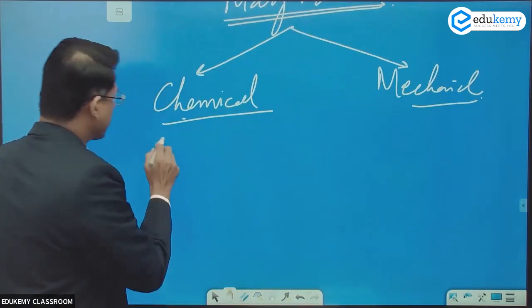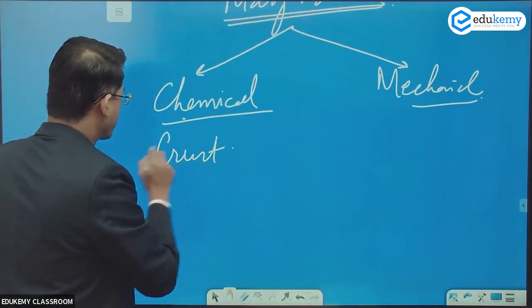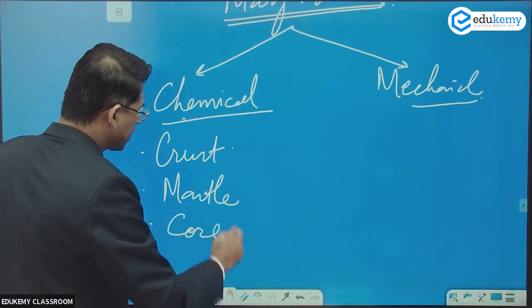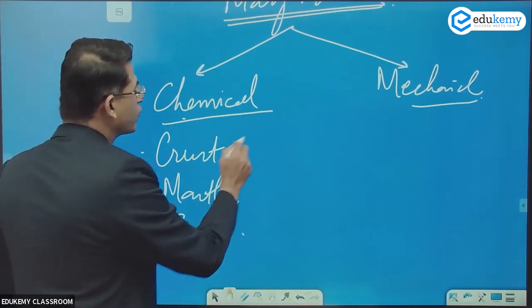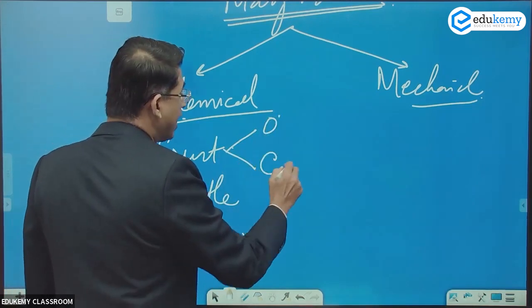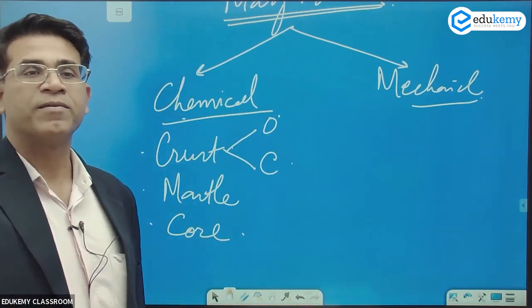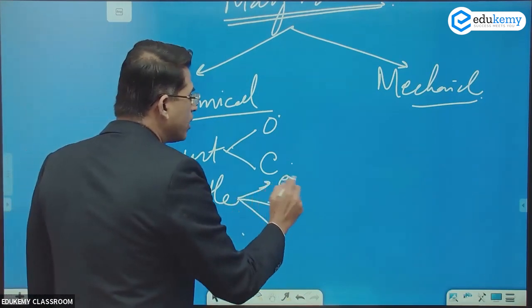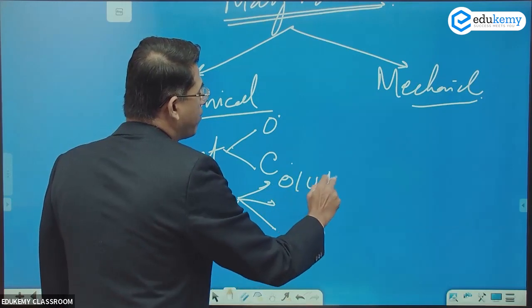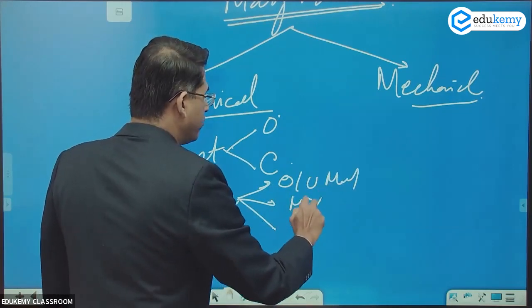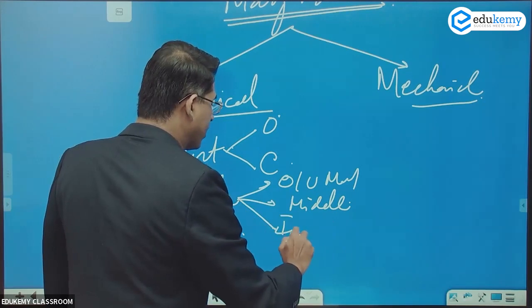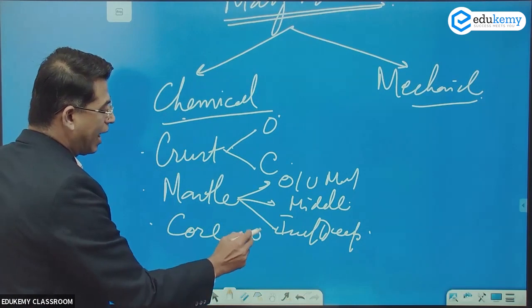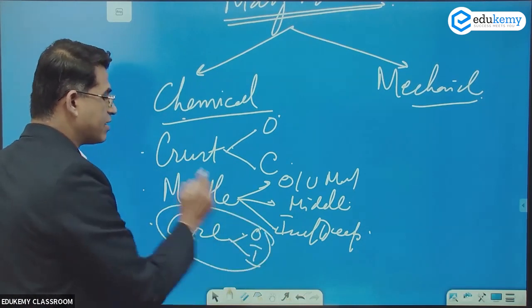In chemical layering, we talked about the crust and the mantle, and we were discussing the core. The crust is of two types, oceanic crust and continental crust. The mantle has three layers: the outer or upper mantle, the middle mantle, and the inner or deep mantle. And the core is outer core and inner core, which I will discuss today.